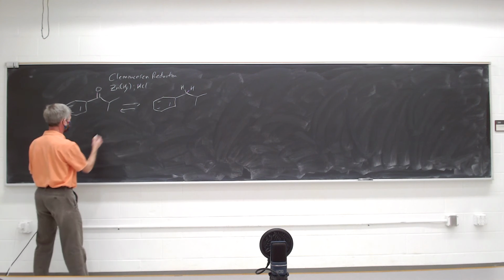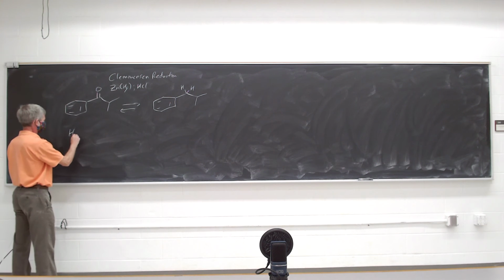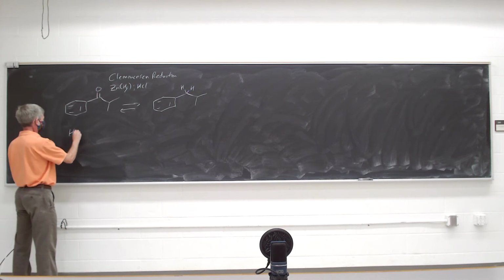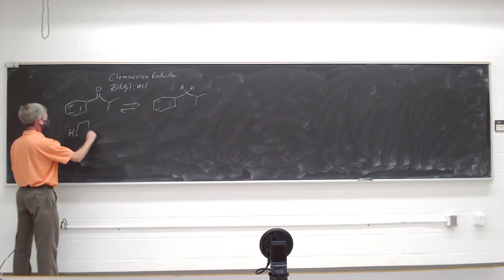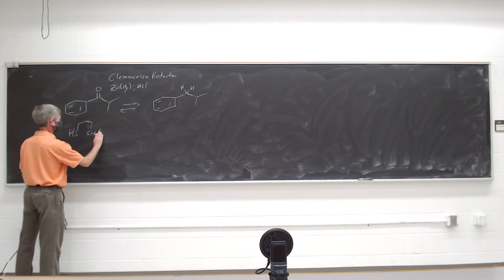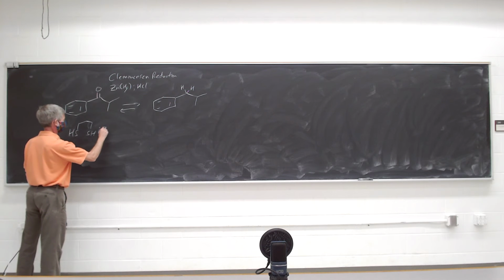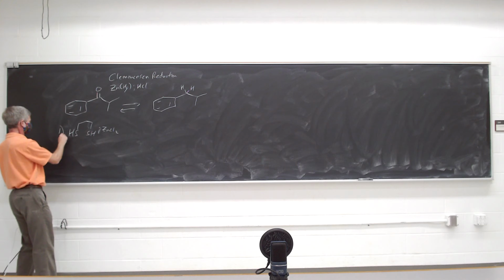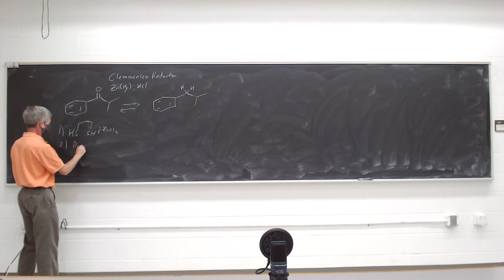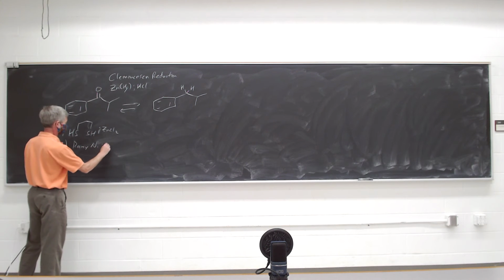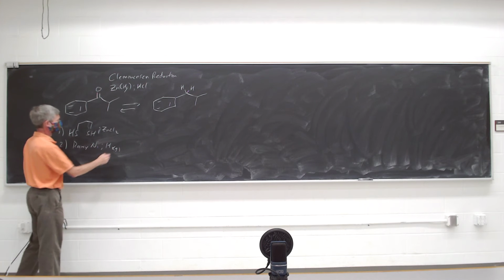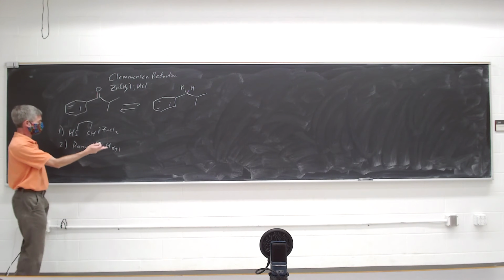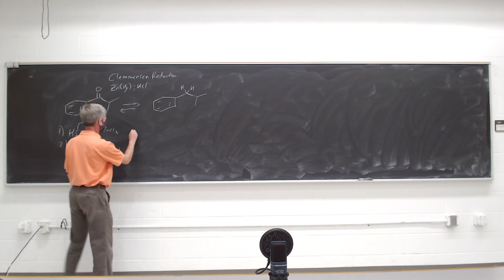But you also know that you can do that with first making the dithiane and then doing Raney nickel desulfurization. And you also know that you can do it with Wolff-Kishner.